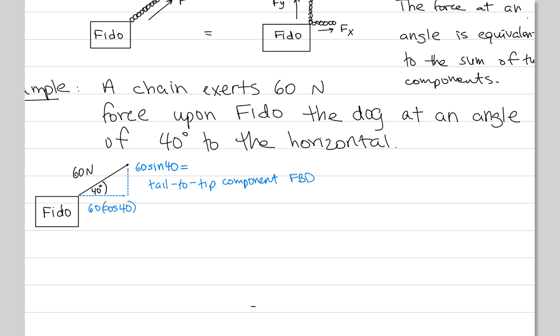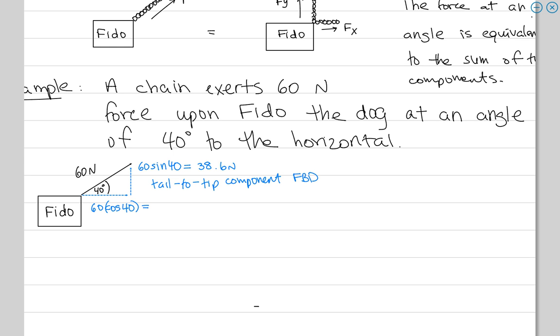So let's just calculate those right away. That's what's so nice about drawing the angle with the horizontal. 60 sine 40 and 60 cos 40. And I got like 38.6 roughly, and 46.0 roughly.